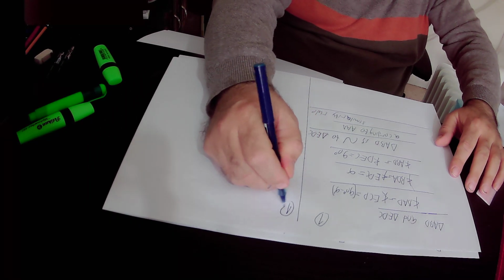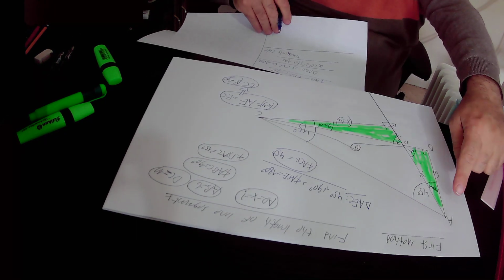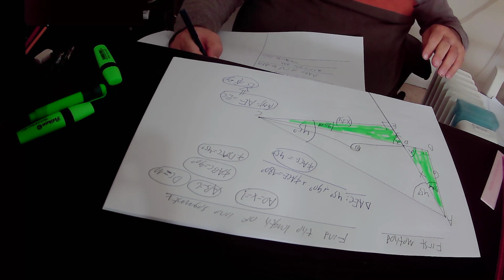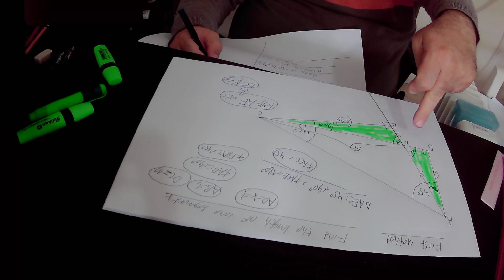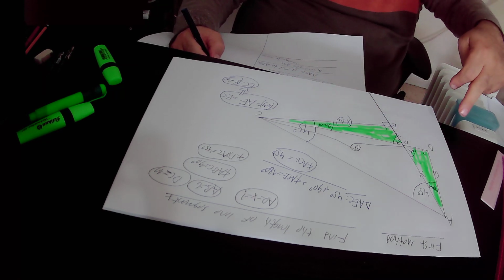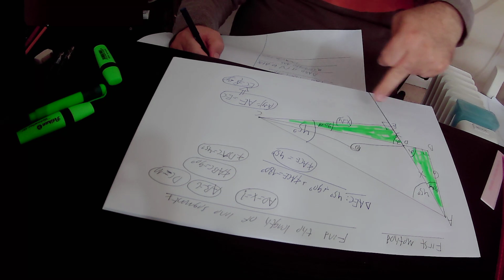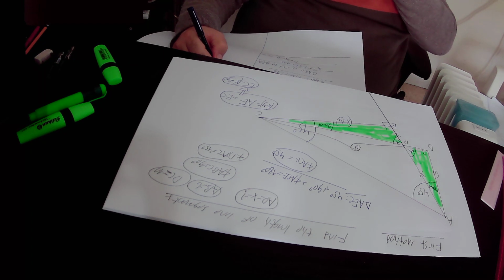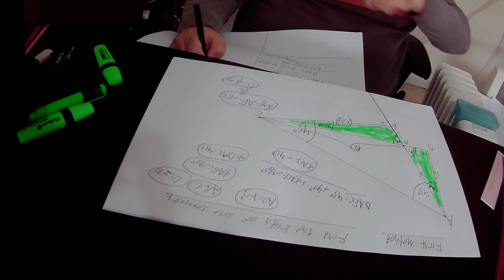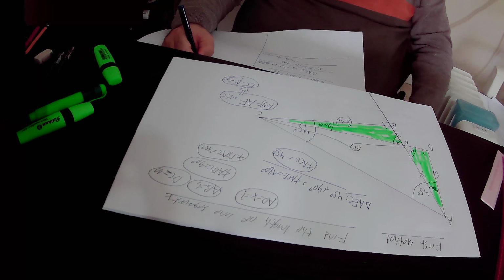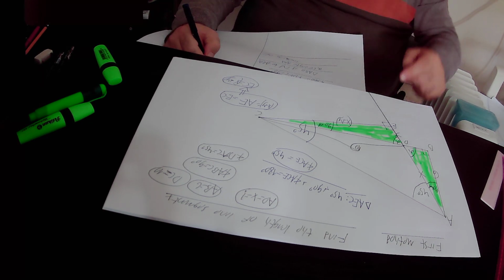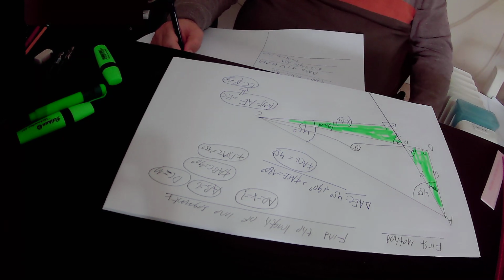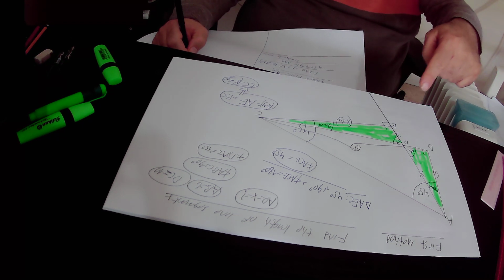We will conclude that AB over DC, AB over EC is equal to BD over DE, and it is equal to AD over DC.